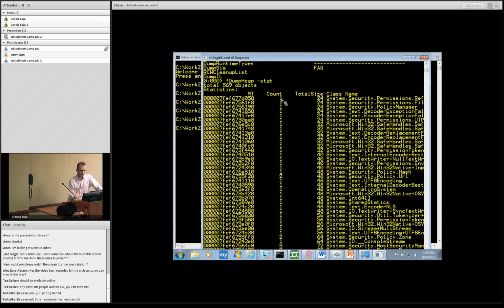It tells you the number of instances on a per class basis and the total size across all those instances. The other great thing about the dumpheap command is that it sorts this by total size, so at the bottom, you're going to see the biggest hitters.